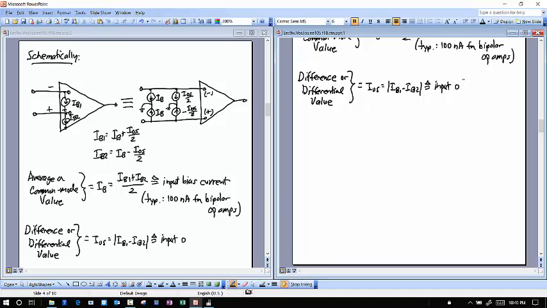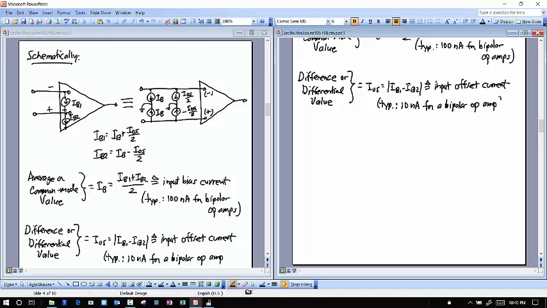And so this is defined as the input offset current. And a typical value for this current is much smaller, on the order of 10 nanoamperes for a bipolar op-amp.